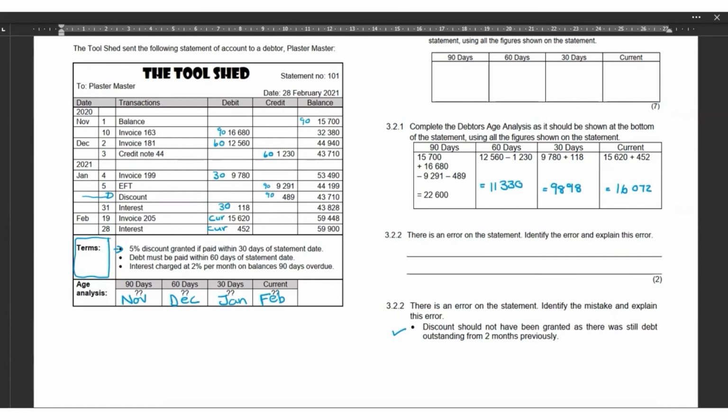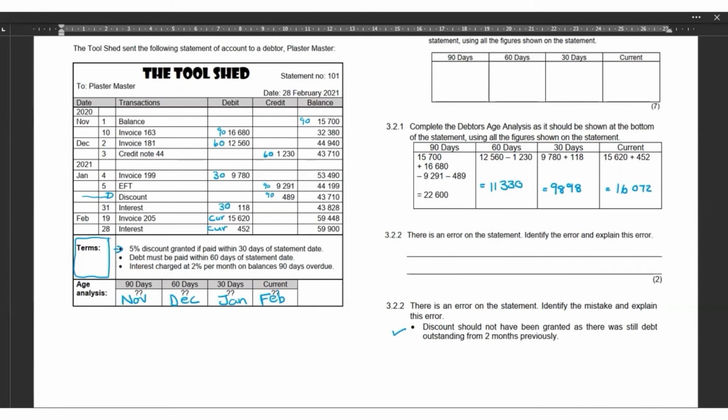So if you'll notice, on the age analysis, we've got owing at 90 days, 22,600. Then we've got 11,330, 9,998, 16,072. Are they actually paying off their debt? Not really. They're just accumulating. So in my opinion, the tool shed is quite right in that Plaster Master is not paying attention to the interest charge.